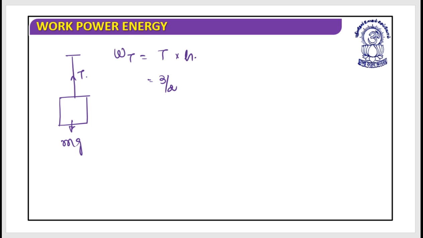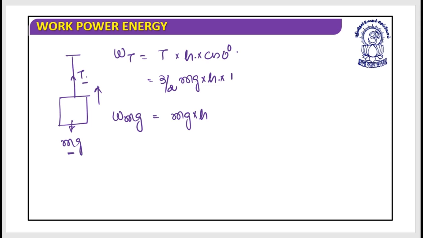It is 3 by 2 mg into h. If tension is taken in the upward direction, then this would be cos of 0 degrees, which is multiplied by 1. Now the work done due to the mg force: mg is in the negative direction, but my block has been shifted upward by a height of h. It is mgh into cos of 180 degrees, which would be equal to minus mgh. I hope this is clear.